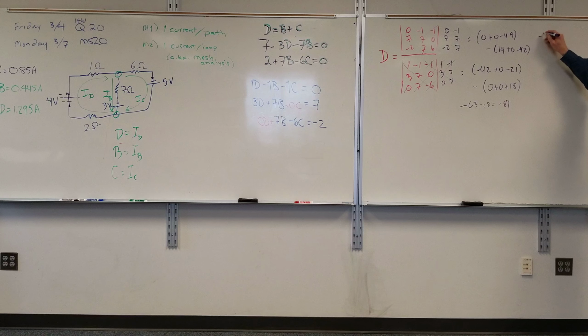So that's negative 49 minus 28, which is negative 77. Something's off.